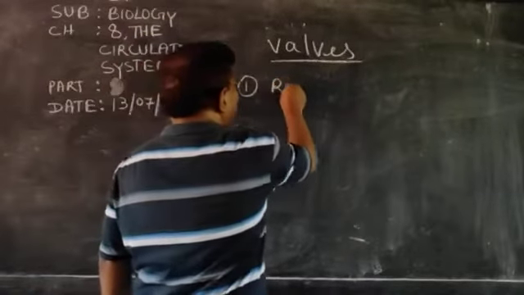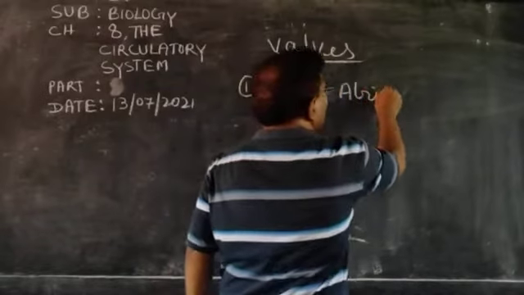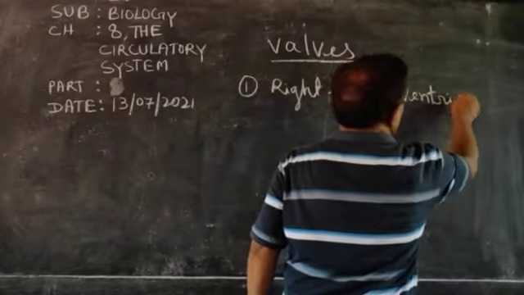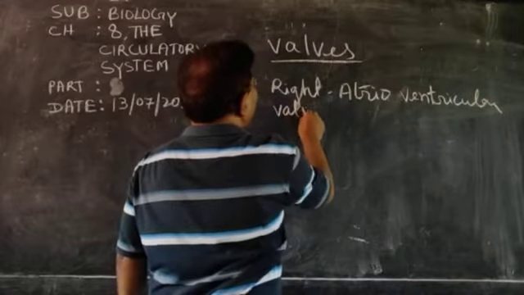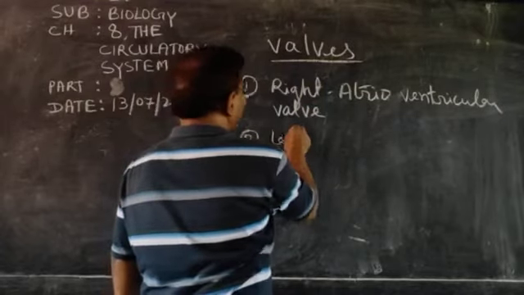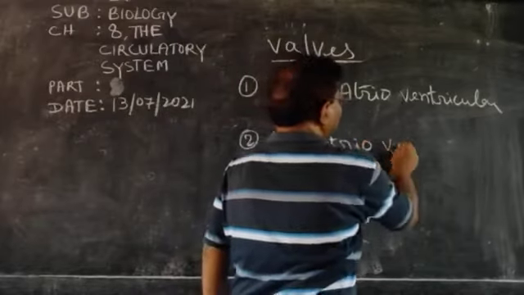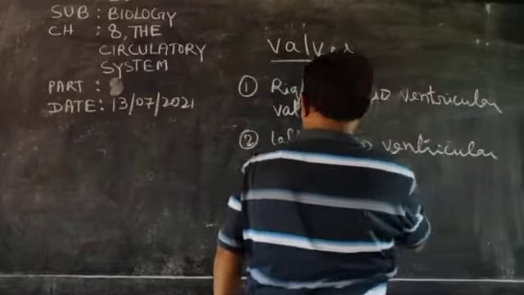One is right arterioventricular valve. Second is left arterioventricular valve.